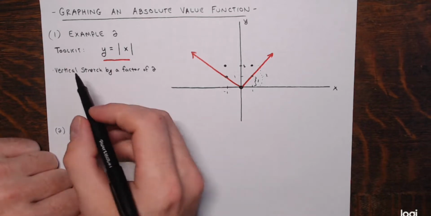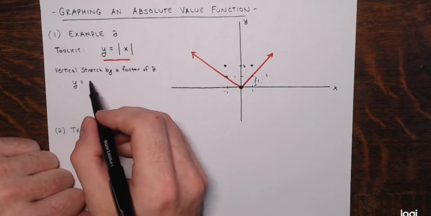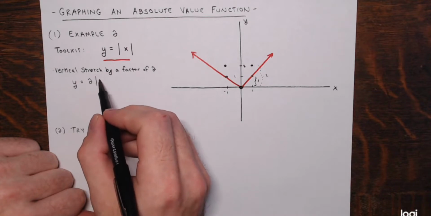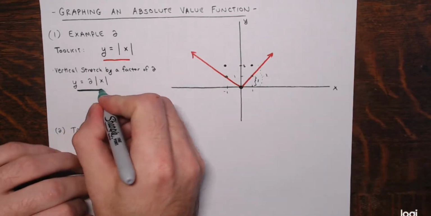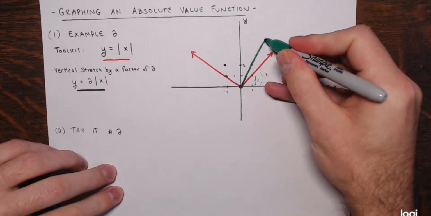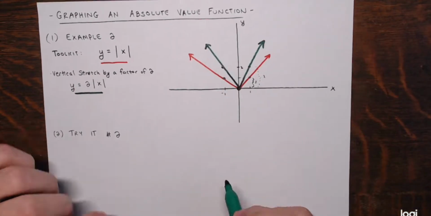To do this, you just take your previous rule and multiply it on the outside by 2. So I'm going to graph now y equals 2 times the absolute value of x, and I'll do this in this green color, and that's this. So there's the next graph.